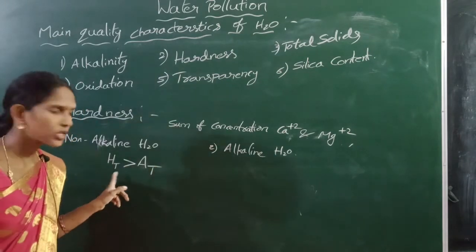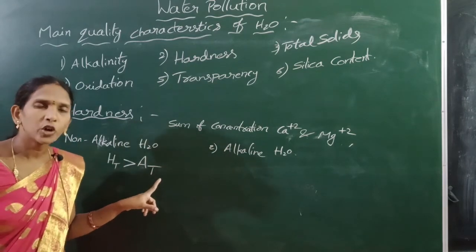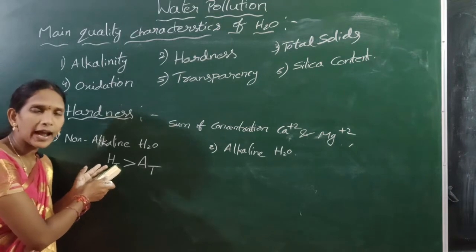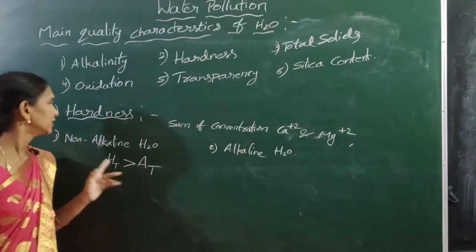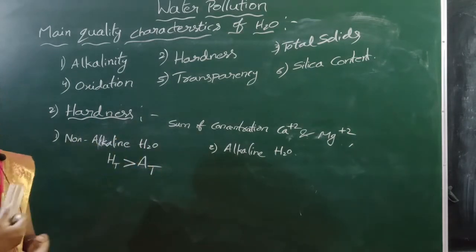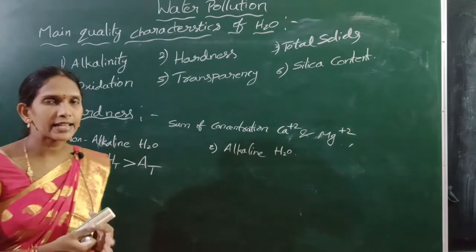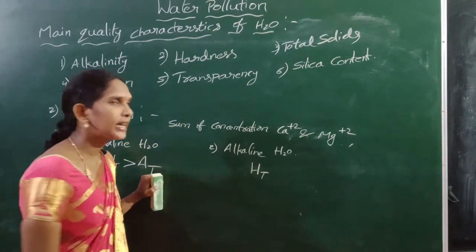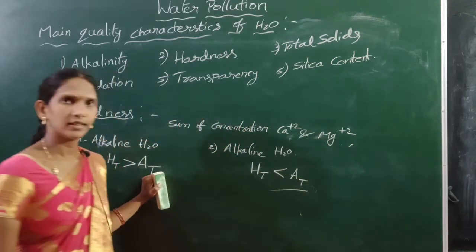Here HT is total hardness and AT is total alkalinity. Total hardness is greater than total alkalinity. That means non-alkaline water. Alkaline water is characterized by total hardness less than total alkalinity.